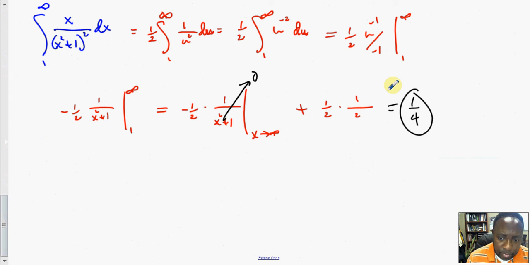Well, for the integral test, if the integral is convergent, then the series is convergent. We get a number for this limit of the integral. So that means that we have convergence.